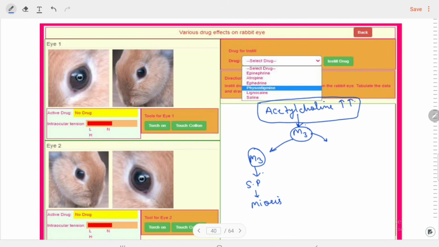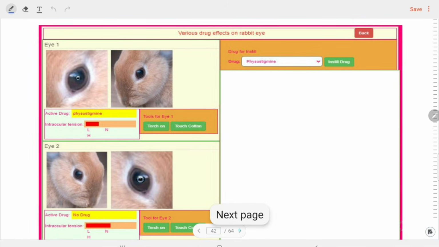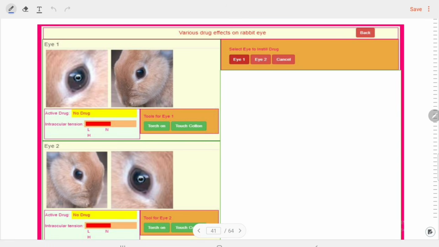M3 is also present in the ciliary muscles. In the ciliary muscles, it causes contraction of the muscles that will lead to increased outflow. So if the outflow is increased, that will lead to decreased intraocular tension. So here we can see, after giving the physostigmine, it will activate the M3 receptors and it will also cause increased outflow.